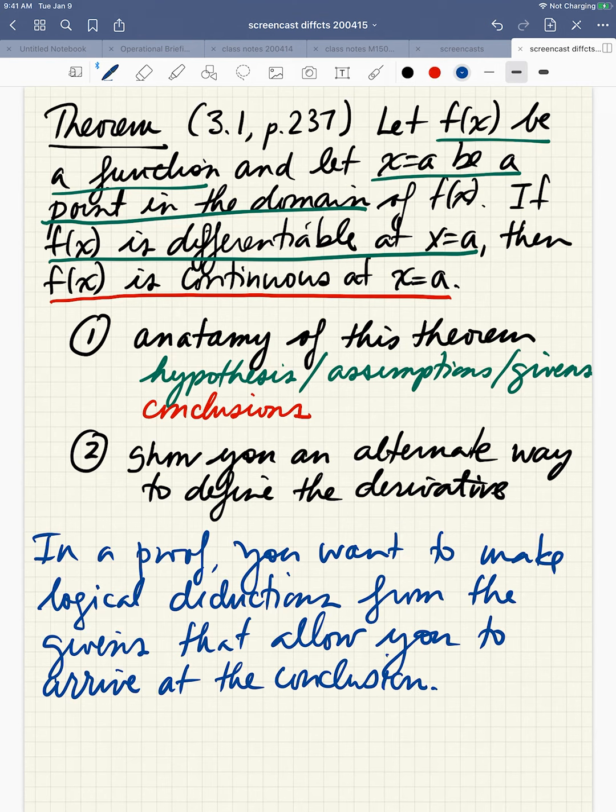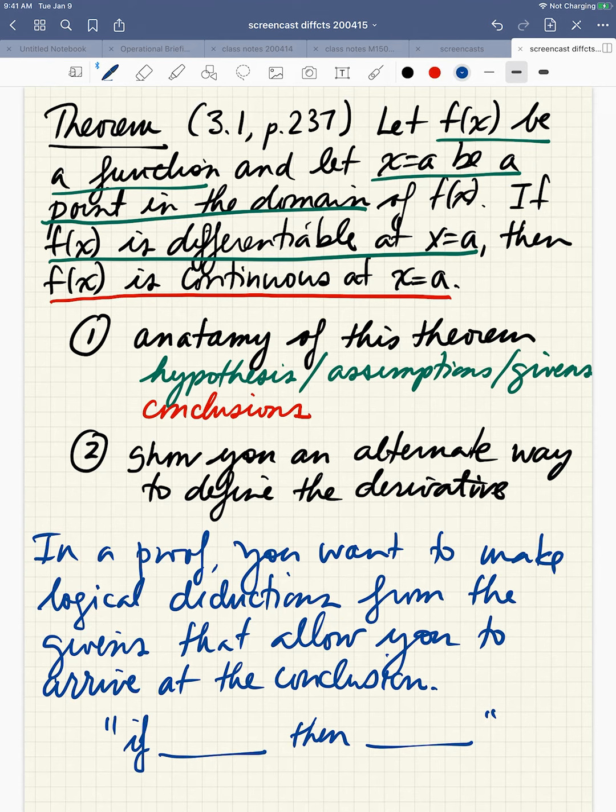Okay? And logic are statements like, if something is true, then something else is true. So if you know something is true, then you can say something else is true. That's a logical deduction. So you'll see how I do this. So that's number one, the anatomy.